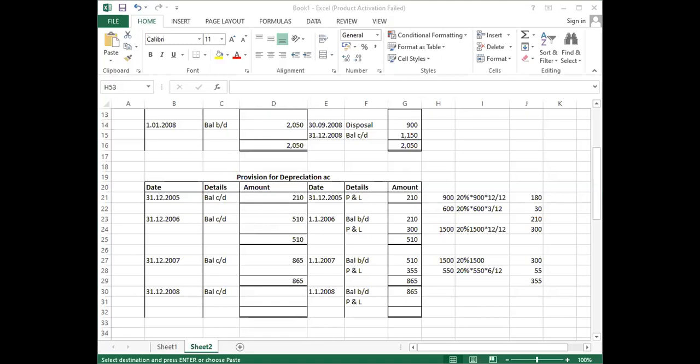Someone is getting 535. 535 is a good trial, but no. Someone is getting 365. 365 is a good trial, and it is correct.